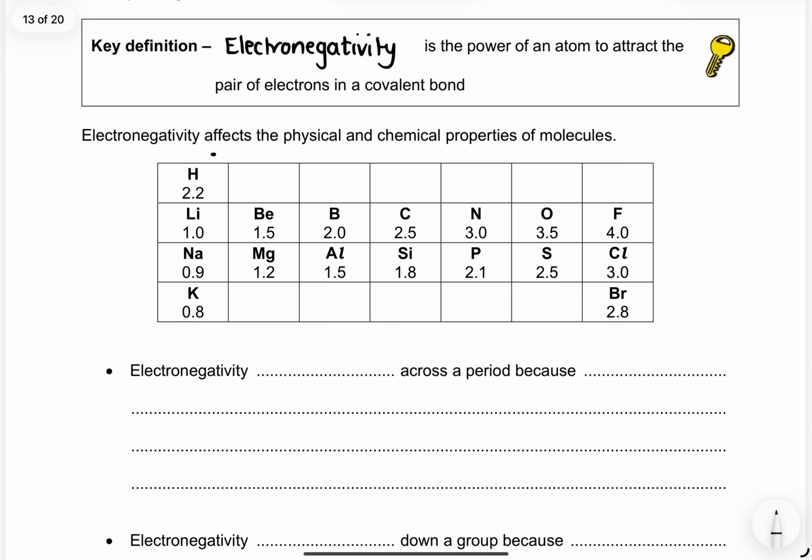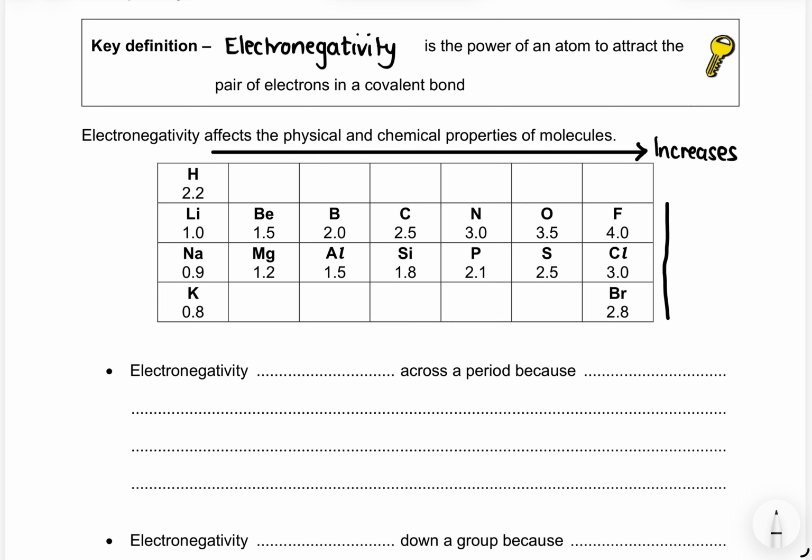What you do need to know is what happens to electronegativity as you go across the periodic table from the metals to the non-metals. If we look at the numbers, across a row they increase. Then if we look down a group, because we often look across a period of the periodic table and down a group, we can see that it decreases down group 7.